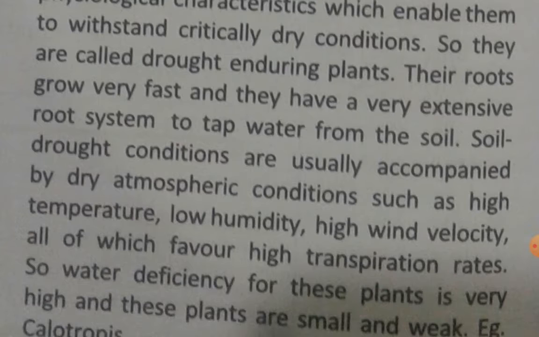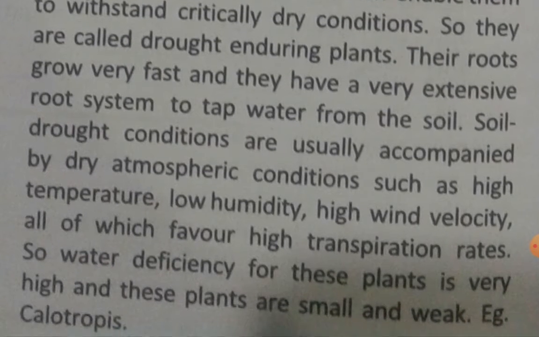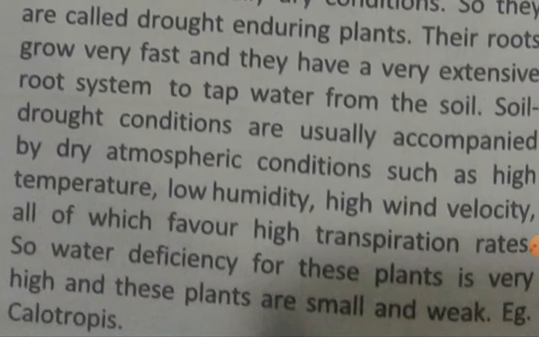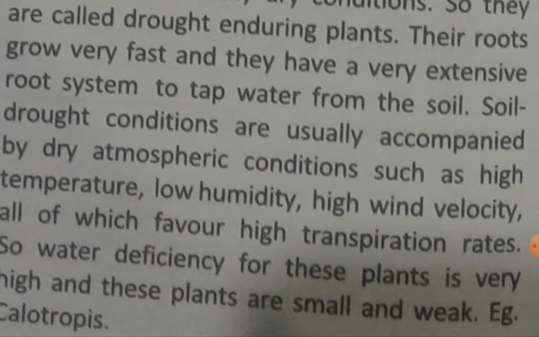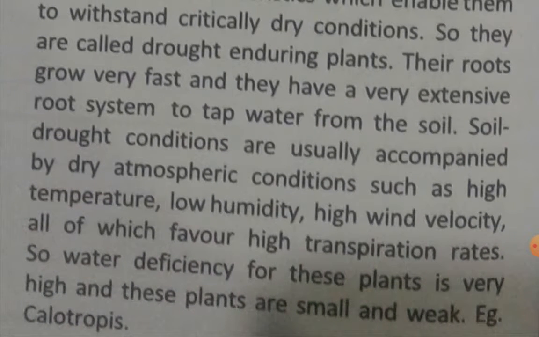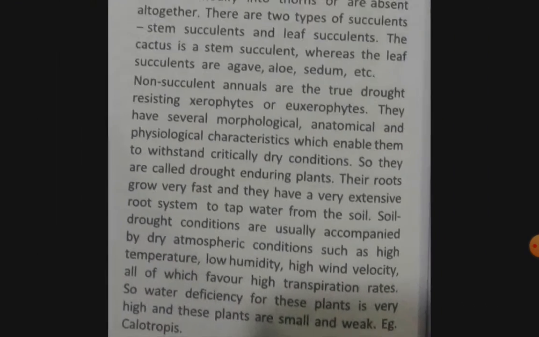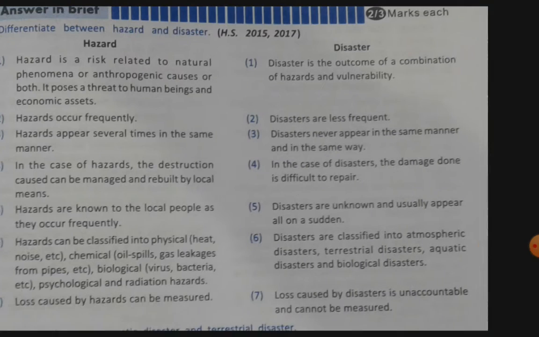The soil drought conditions are usually accompanied by dry atmospheric conditions such as high temperature, low humidity, high wind velocity, all of which favor high transpiration rates. So water deficiency for these plants is very high and these plants are small and weak. For example, calotropis. Okay, this is the one question.